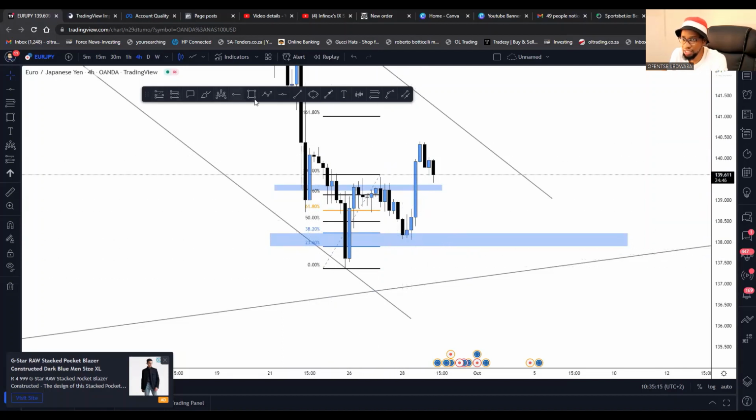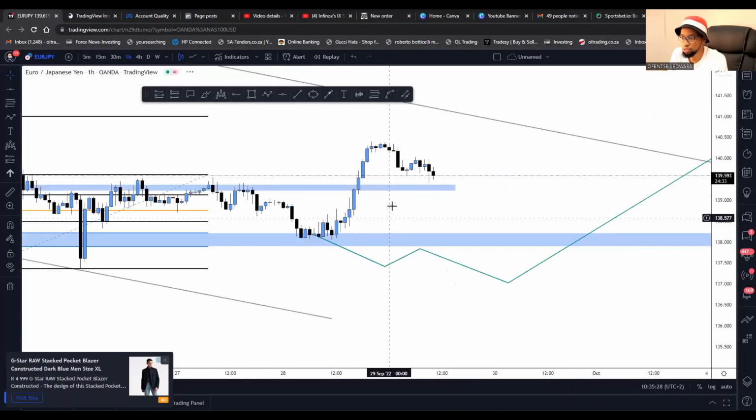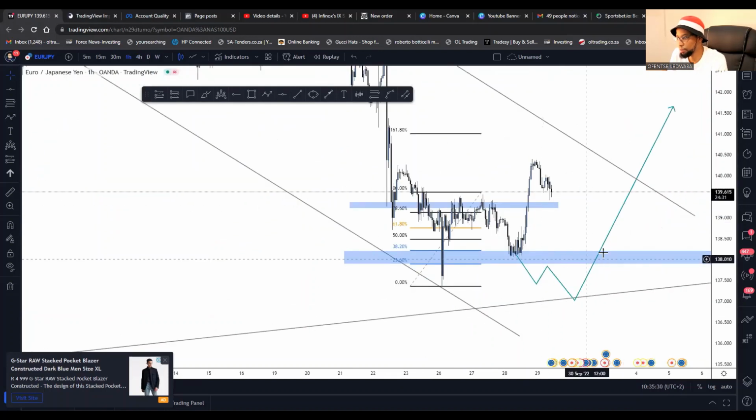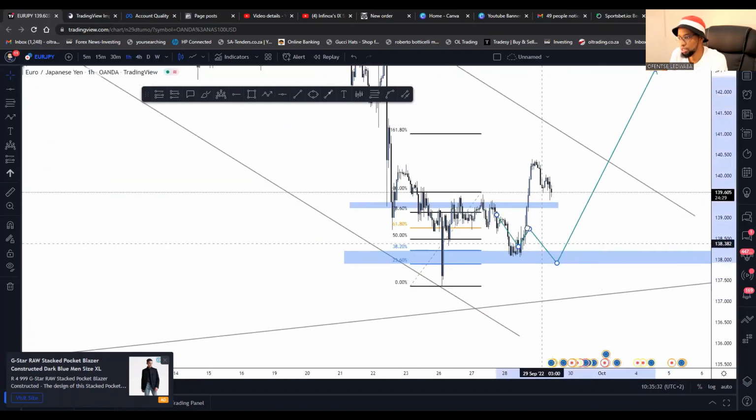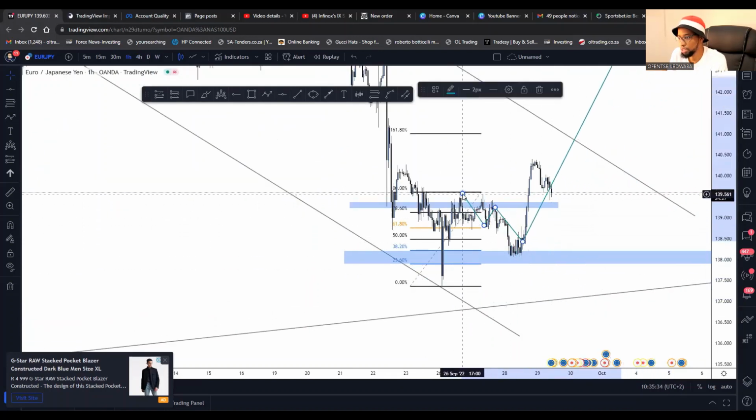If it didn't turn here, it was subsequent to pass, reach this point, then we come. You understand? You can see that we had a correction to the downside, and then we're expecting an impulse movement, which is what happened here.